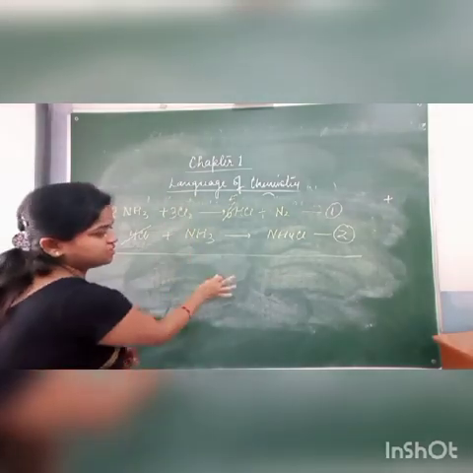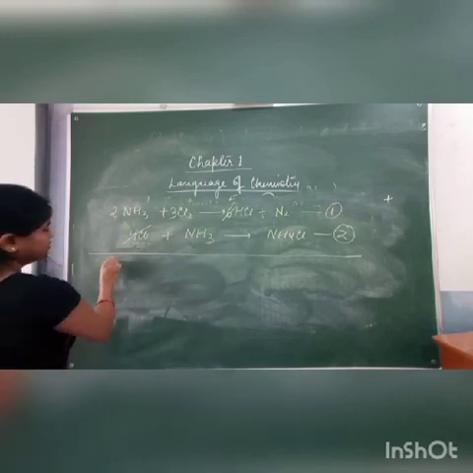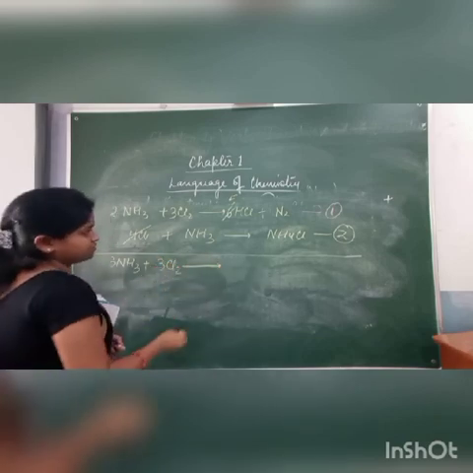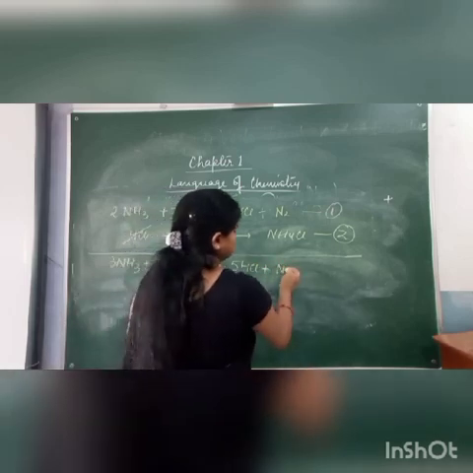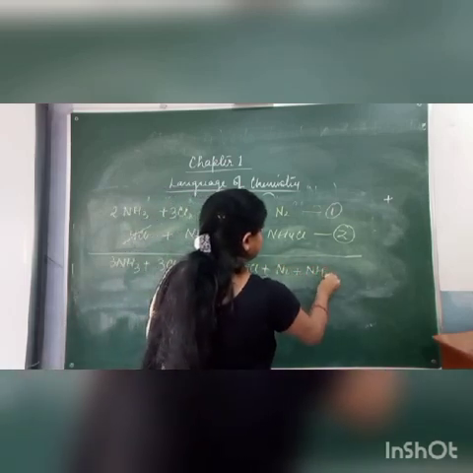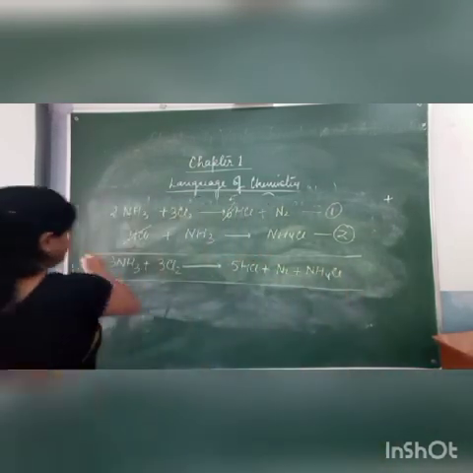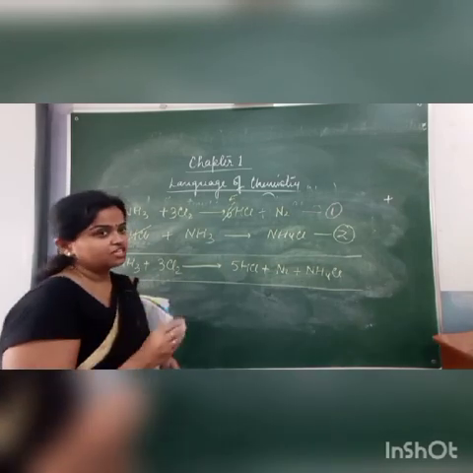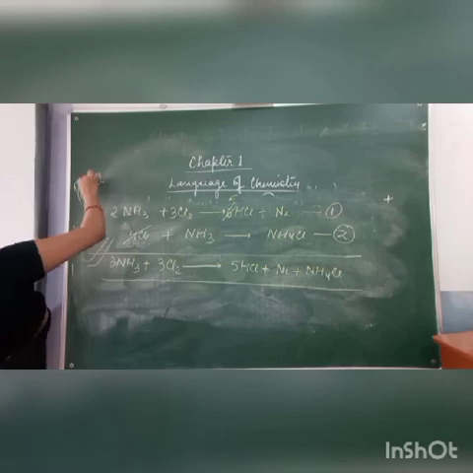So whatever things are there, we will copy down. 1 plus 2 plus 1, 3. 3 NH3 plus 3 Cl2 gives 5 HCl plus N2 plus NH4Cl. This is your balanced equation. Okay? This type of method is called the partial equation method.